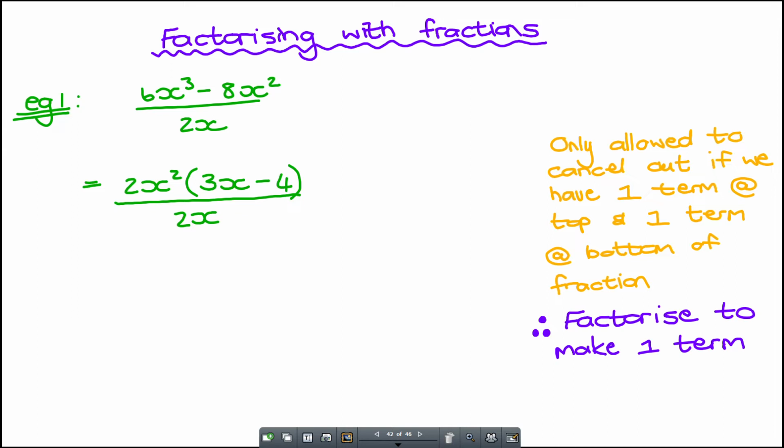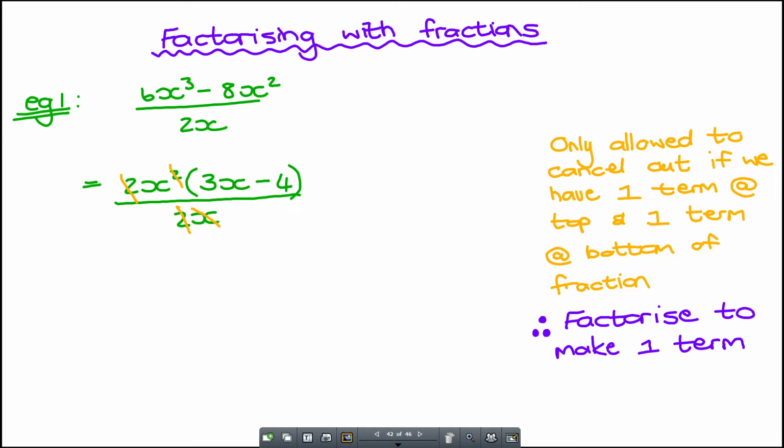Okay. Right. Listen. So I can't take that x, which is inside the bracket, but I can cancel out this 2 with that 2, and I can cancel out this x with one of these x's. Do you guys understand?